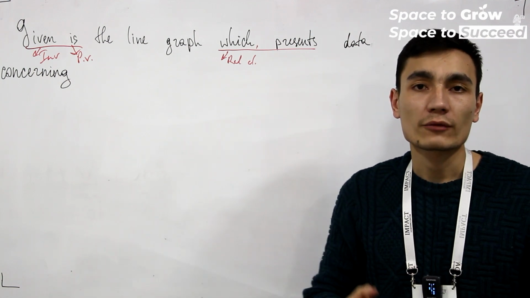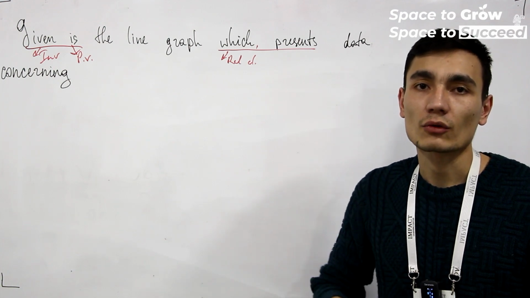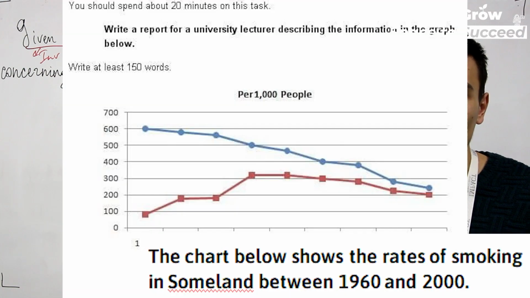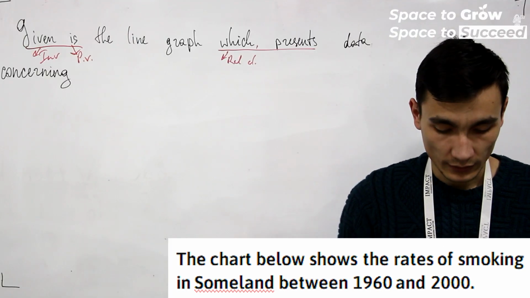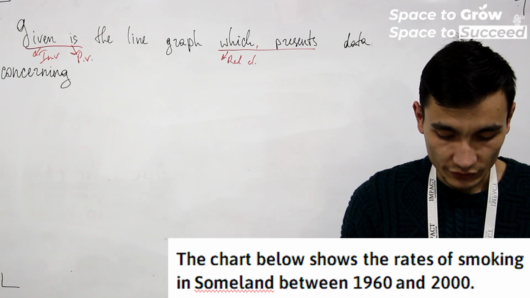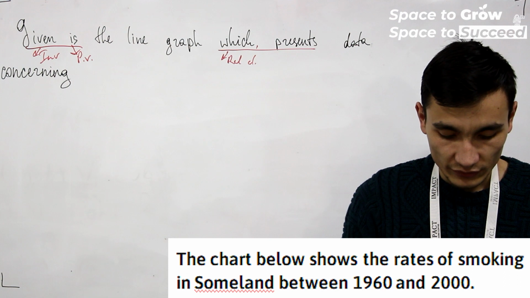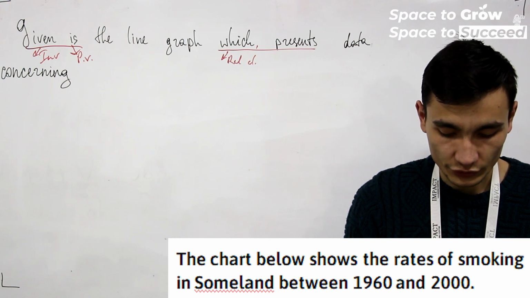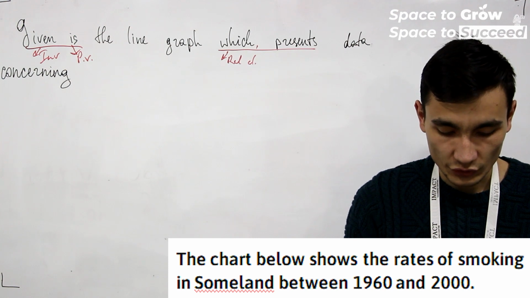Now we have to look at our task and see what we can write in order to continue this part. As you see, we have the university lecture describing the information in the graph below, and this information is about the topic. The chart below shows the rates of smoking in Sunland between 1960 and 2000.